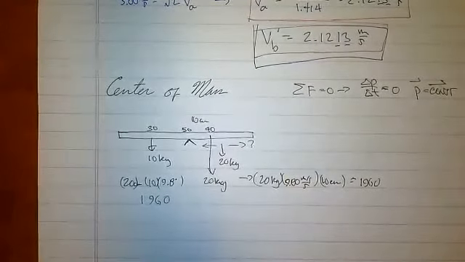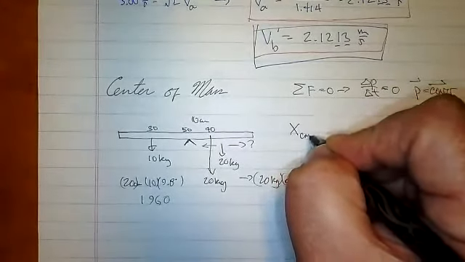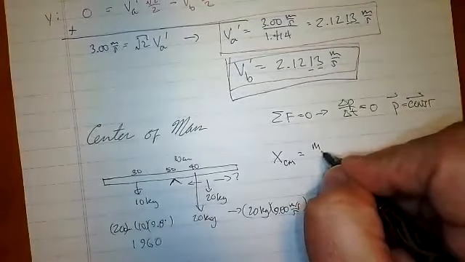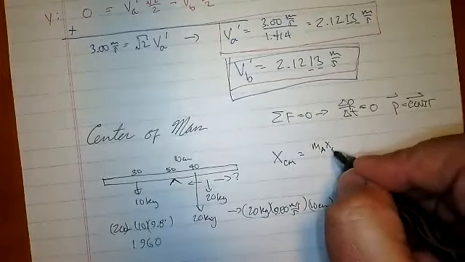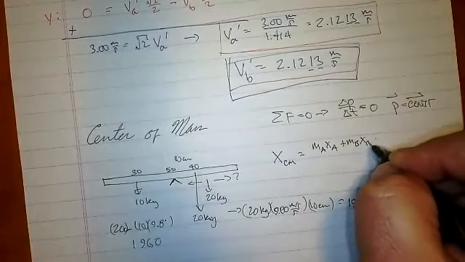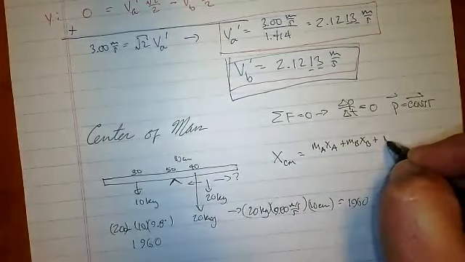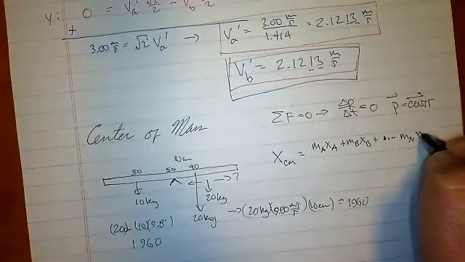So it turns out that mass times distance is something relevant. And in fact, the formula for the x center of mass, if you have an assembly of masses, is m_A times x_A plus m_B times x_B plus dot, dot, dot plus m_N times x_N.